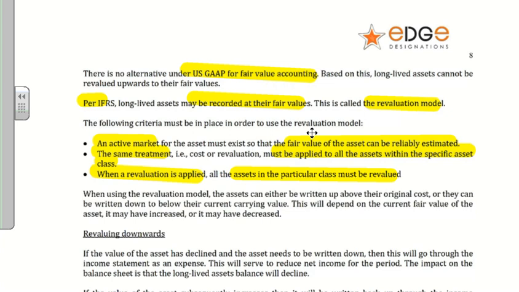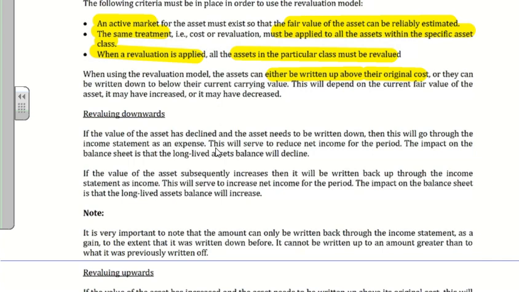And when you're applying this model, assets can be written up above their original cost or to wherever their value is. What about a downwards revaluation? What if the value of the asset now has gone back down, has declined? Yes, it will need to be written down again through the income statement as an expense. If it goes up again, well, we can write it back up again.